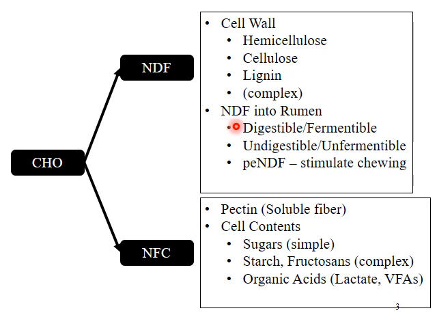So when we go with NDF into the rumen, and we'll be talking a lot more about this, you're going to think about digestible or fermentable. People will say, well, is it digestible NDF? But really what's happening is the microbes are fermenting it in the rumen. The microbes are digesting it in the rumen.